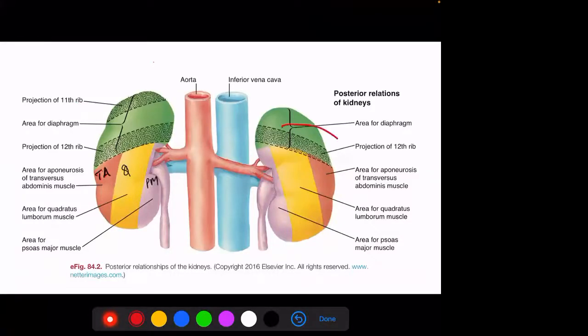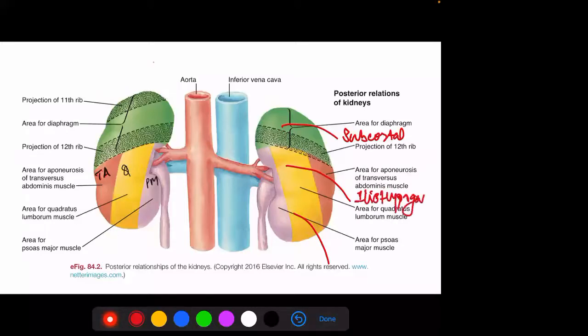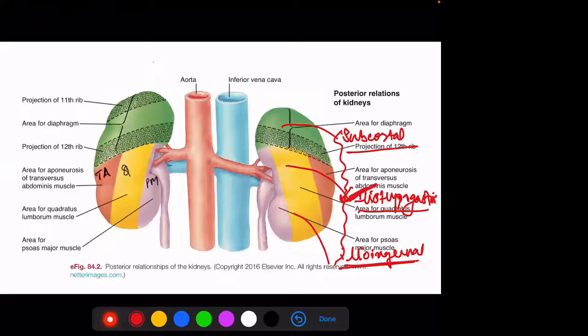From above to downwards, the three important nerves are the subcostal nerve, then the ilio-hypogastric, and write down all these important points, and third is the ilio-inguinal nerve. When we do any open procedure on the kidneys, the pain or sensations associated with the kidneys are mainly due to these nerves.